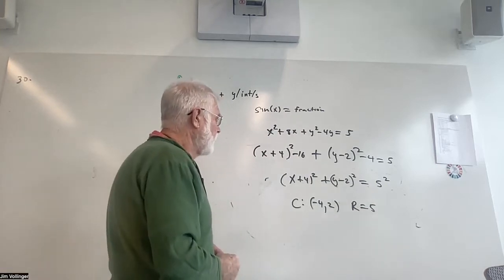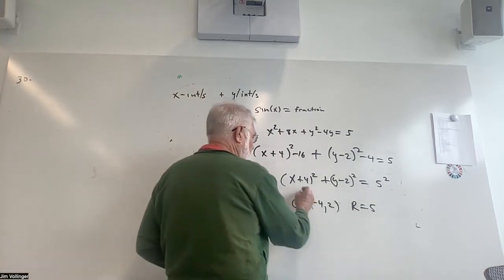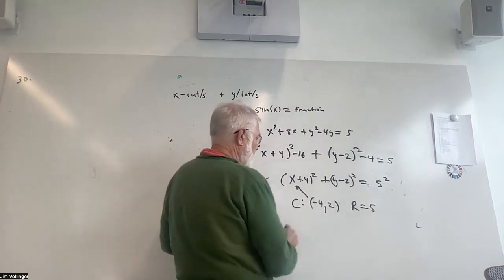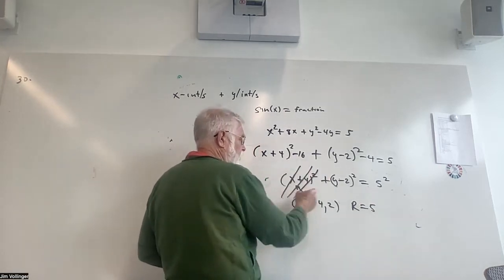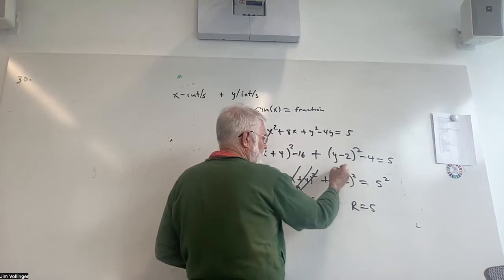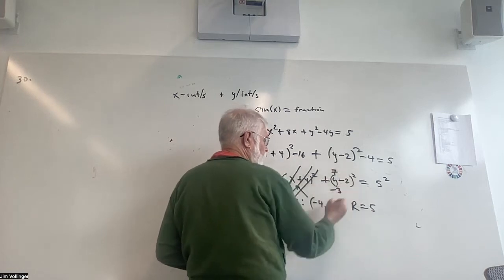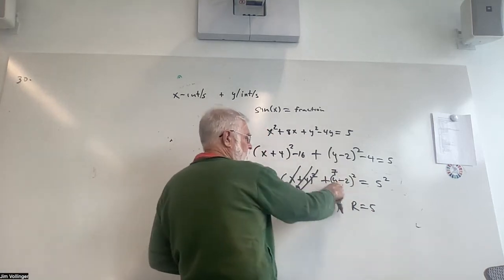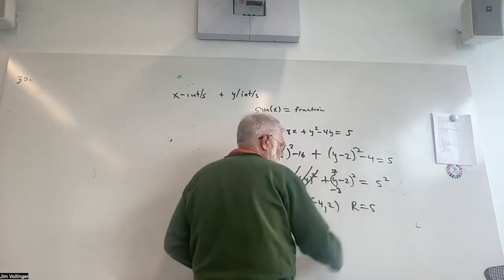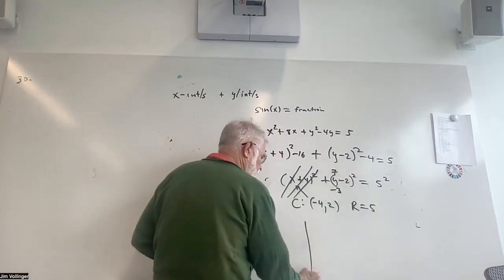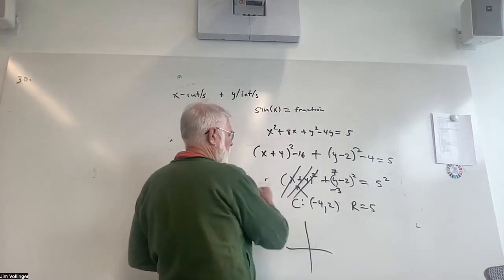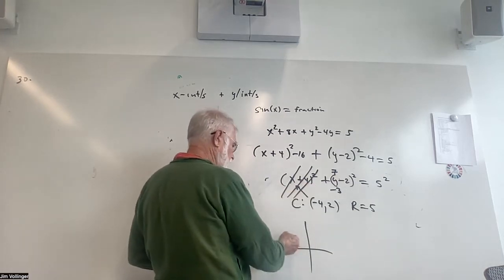Okay. And I hope you can see that if you put -4 in here, that gets rid of this, so you can find what goes with this. And I hope you can see a 7 or a -3 both work. Minus 3 minus 2 is minus 5 squared, that's 25. So it allows you to see a couple of values here. Where am I? X plus 4, so negative 4, positive 2.